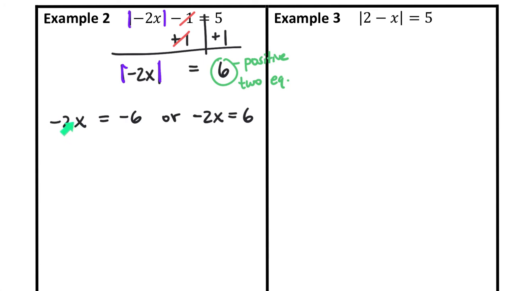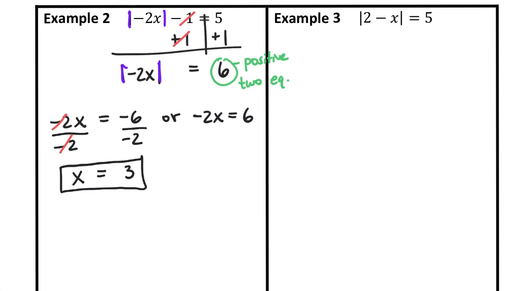What's the opposite of multiplying by negative 2? Dividing by negative 2. So we divide both sides by negative 2. The negative 2's on the left will cancel, which leaves me with x equals positive 3.